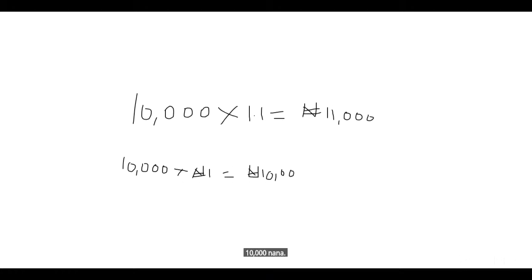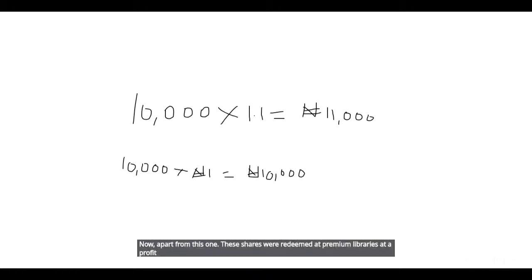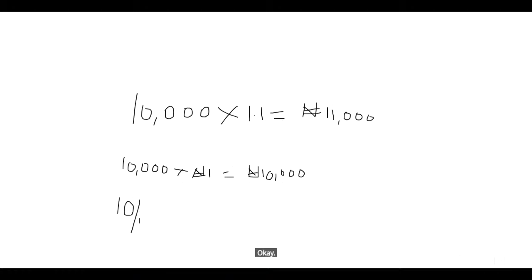Now, apart from this one, these shares were redeemed at premium, that is at a profit. So 10% is 10 over 100, multiplied by 10,000.